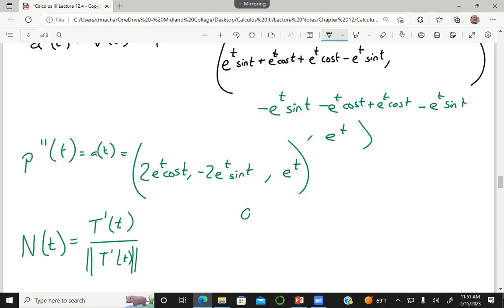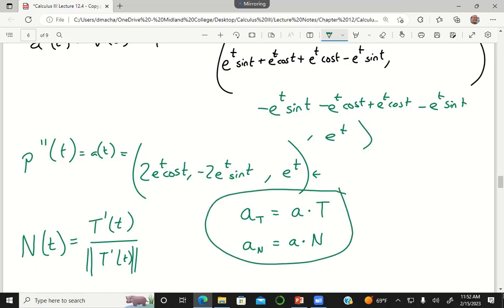If you want to find the tangential component of acceleration, remember from the formula, this was just my acceleration vector, that one, dotted with the unit tangent vector, which we have also found already. If you want the normal component of acceleration, you can take acceleration dotted with the principal unit normal vector, and then that's how you would find it.